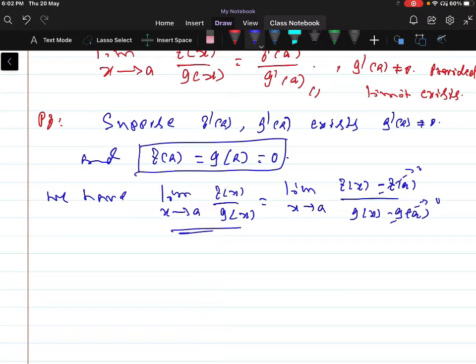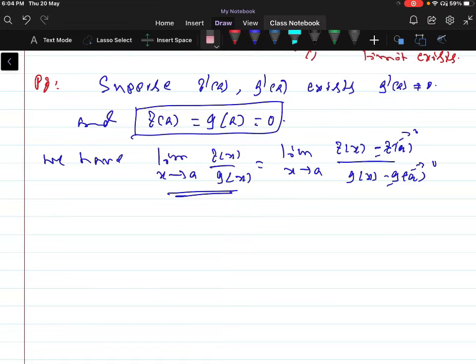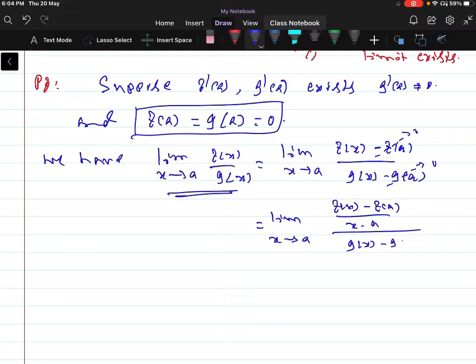So this is equal to limit as x approaches a, f of x minus f of a by x minus a divided by g of x minus g of a by x minus a, here multiplied by x minus a.